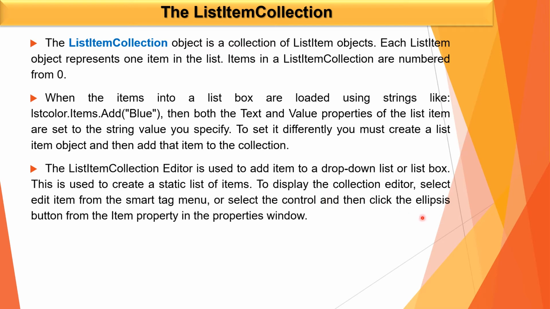To display the collection editor, select Edit Items from the smart tag menu, or select the control and then click the ellipsis button from the Items property in the Properties window. So this is a static list of items, so you can just finalize the list of items that you will add using the list item collection editor.